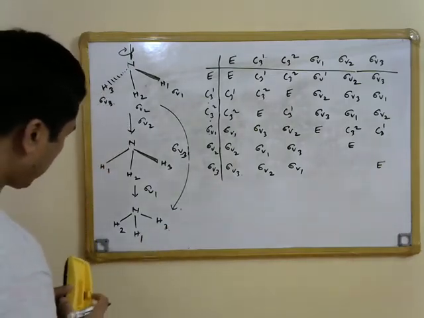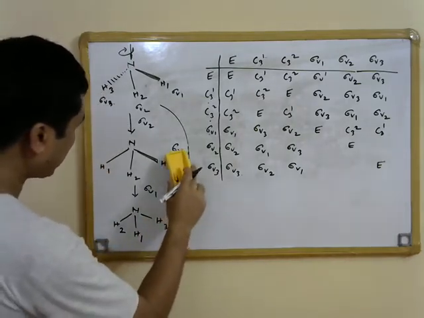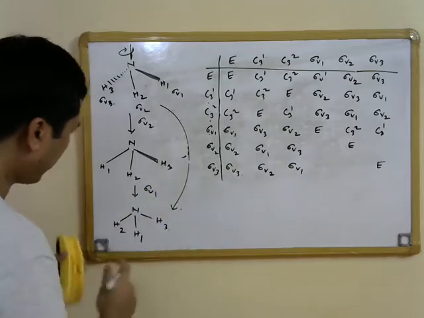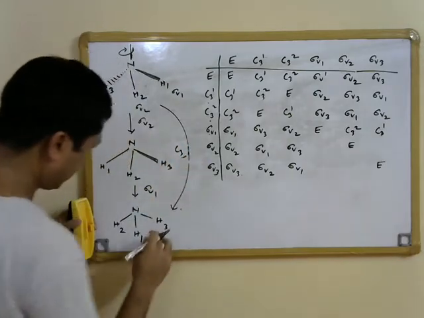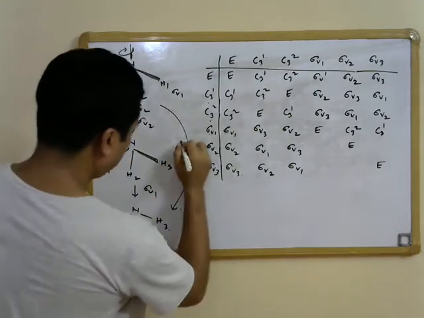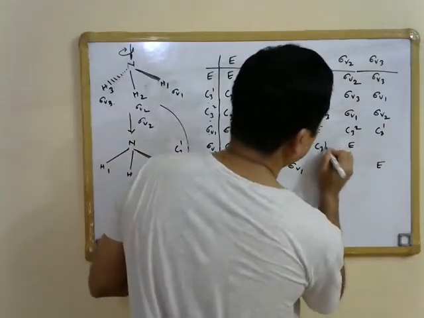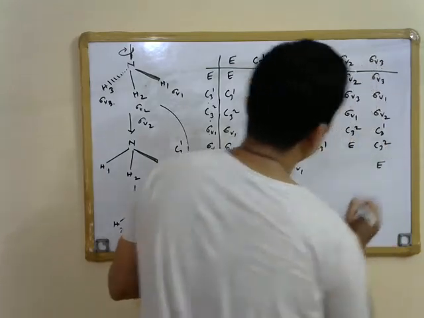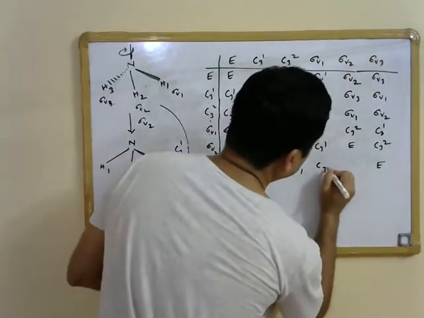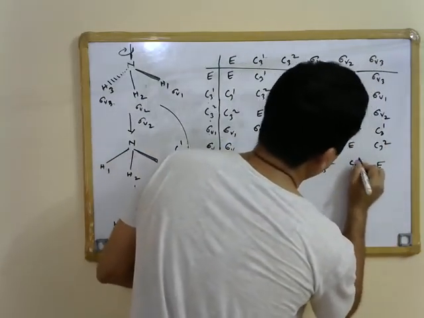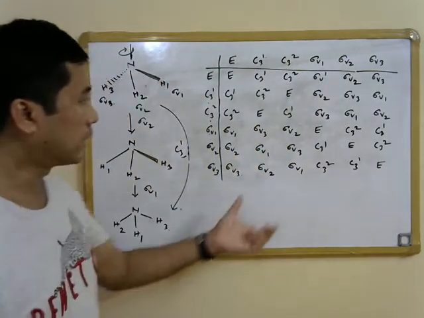So this we can get after doing C31. So this must be C32. And then we can write this as C32 and this one as C31 by using the rearrangement theorem.